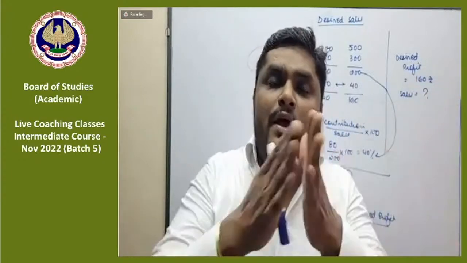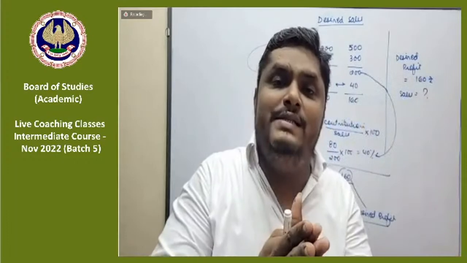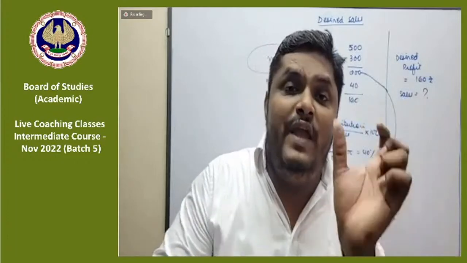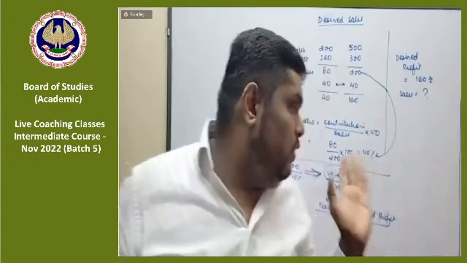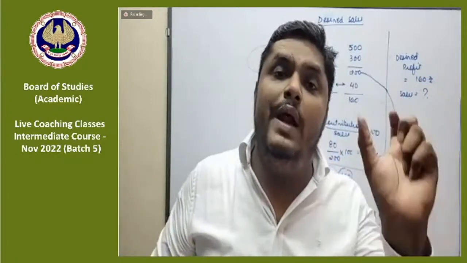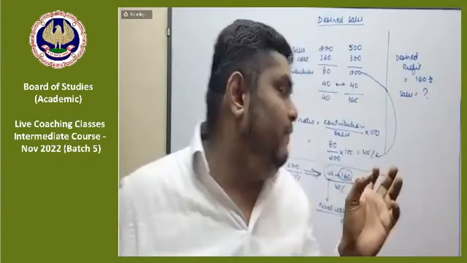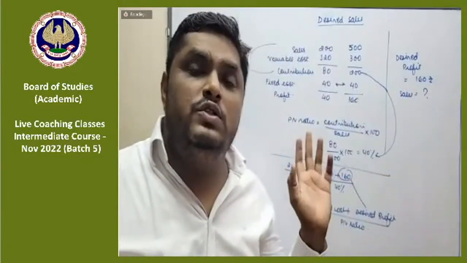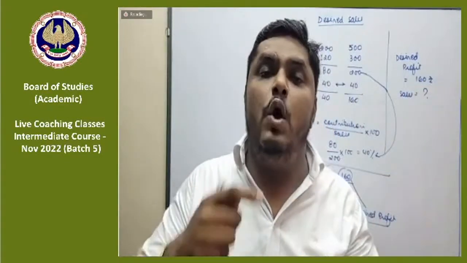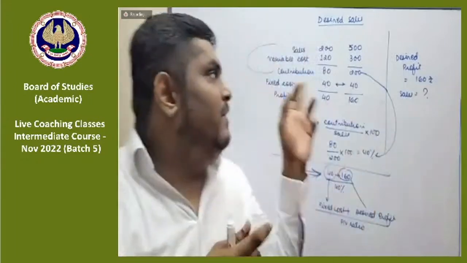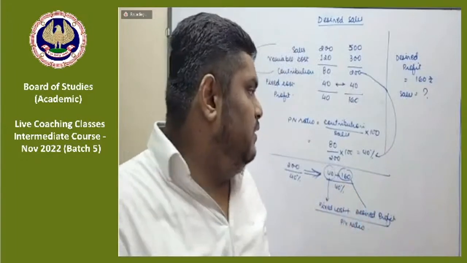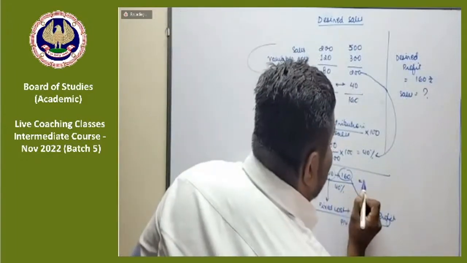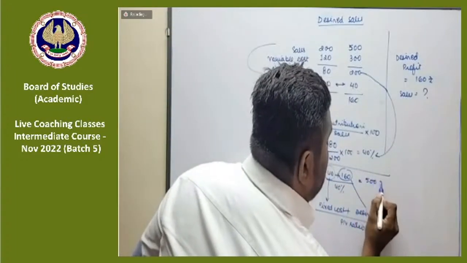So when desired profit is given, we have to recover the fixed cost as well as our profit. So how much contribution is required? Very simple, 200. So 200 is the contribution, and the contribution-sales relationship we have already calculated, that is 40%. So this is how I got my desired sales of 500 rupees.